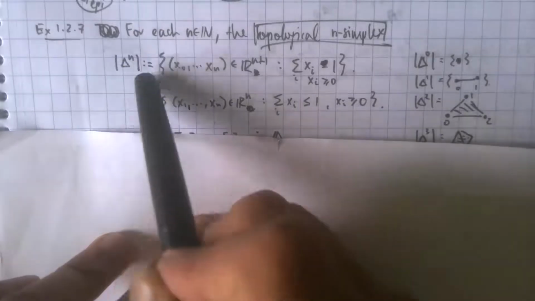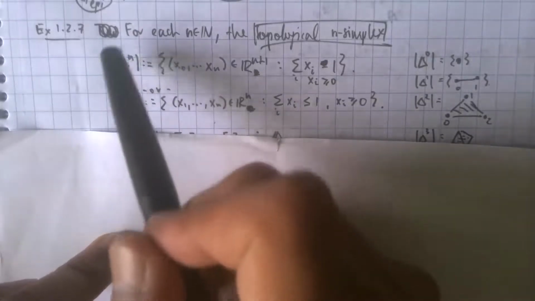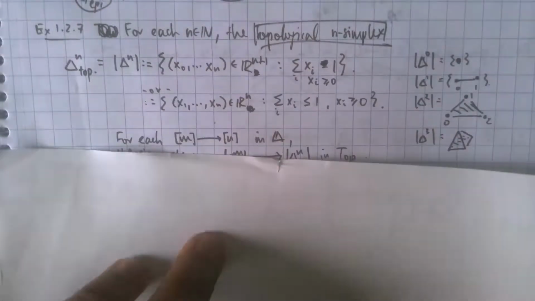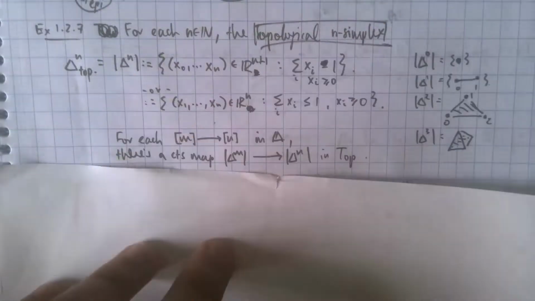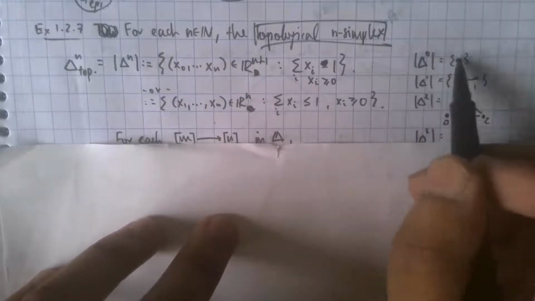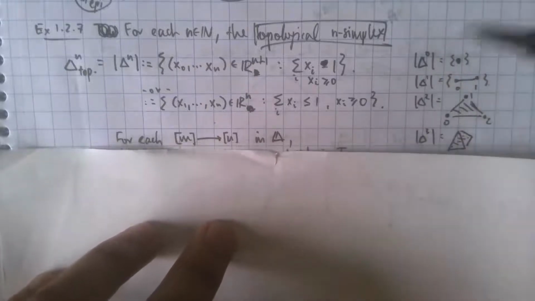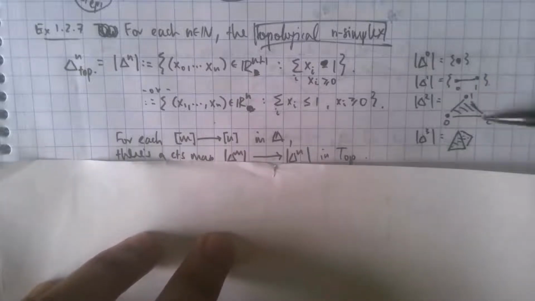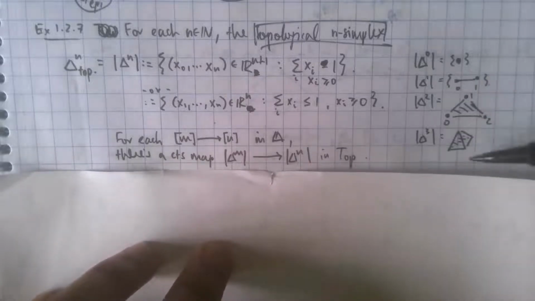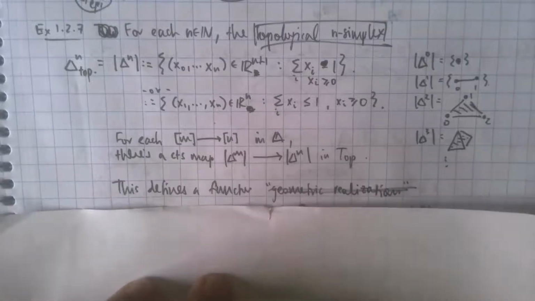We write it like this, delta n with bars, or some people might write delta n topological n simplex. But I like this for reasons we'll see soon because there's a functor associated. Basically the 0 simplex is a point up to homotopy, and then the 1 simplex is just an interval, the 2 simplex is a filled in triangle, and then the 3 simplex is a filled in tetrahedron, and so on.